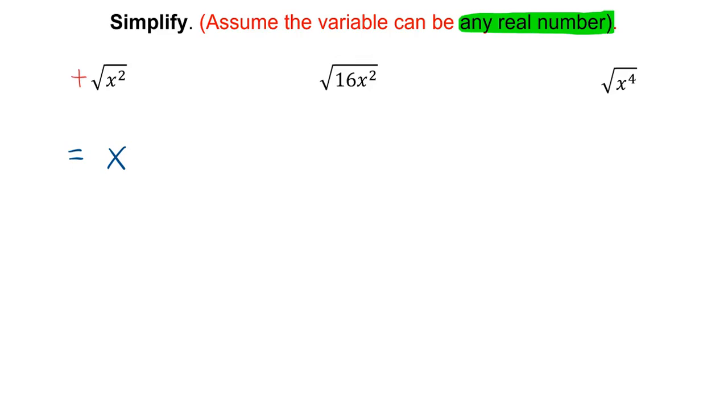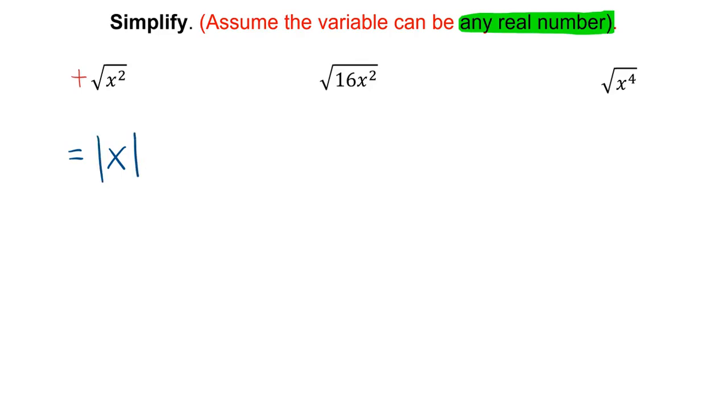But if x is a negative number, we have a problem because I have to have a positive response. I'm looking for the principal square root of x squared. Therefore, x must be a positive value. But because my instructions say that x can be any real number, that x might be a negative number. So how do we fix that problem?